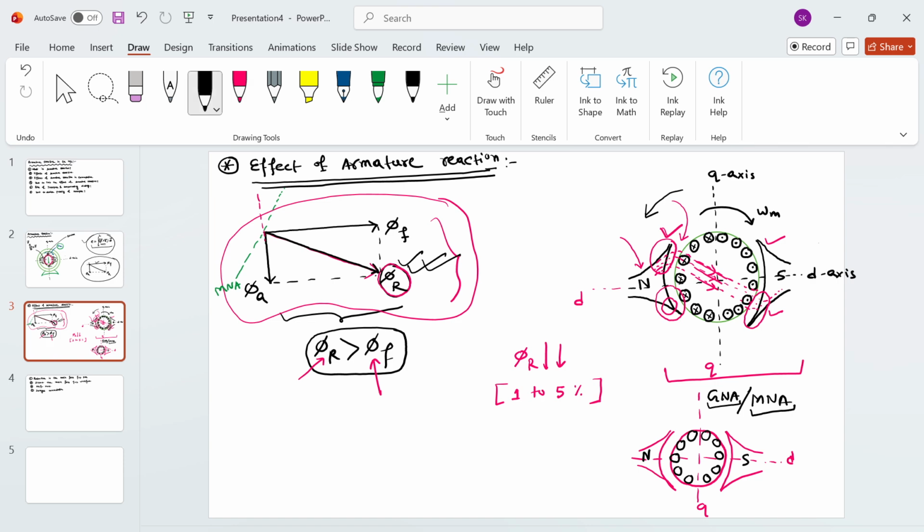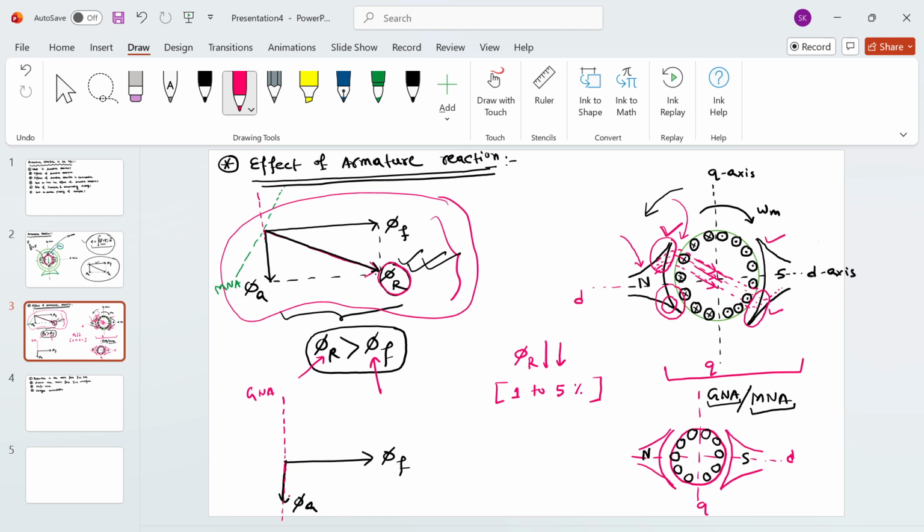So this is my field flux, this is my armature flux, at 90 degrees with respect to the field.